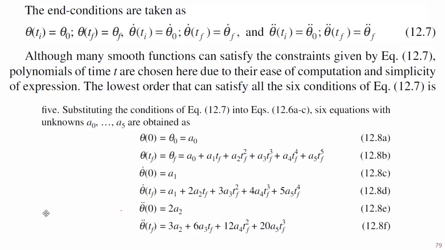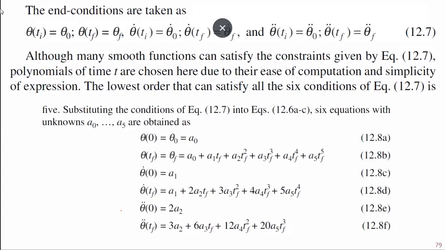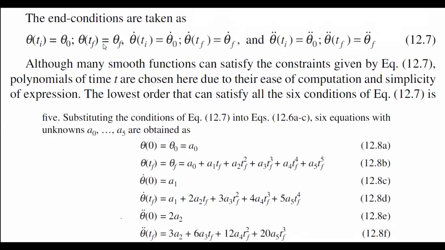The end conditions are taken as theta ti is equal to theta naught, theta tf is equal to theta f, theta dot of ti is equal to theta dot naught, theta dot of tf is equal to theta dot f, and theta double dot ti is equal to theta double dot naught, and theta double dot tf is equal to theta double dot f.